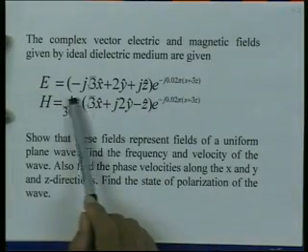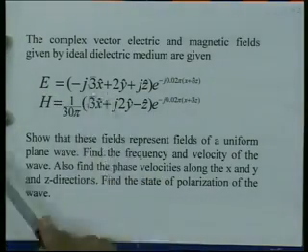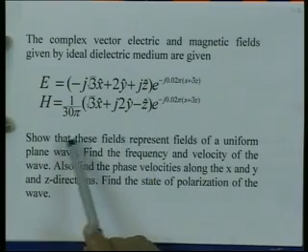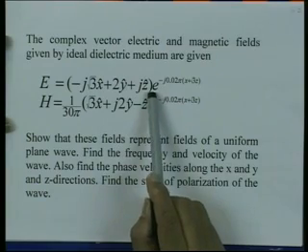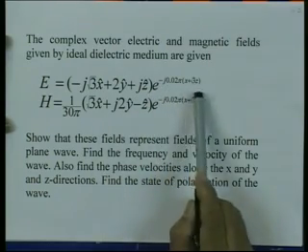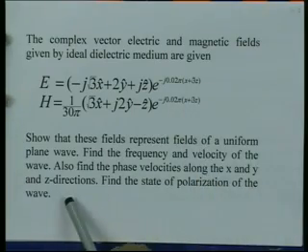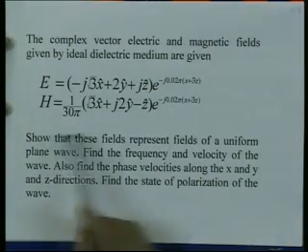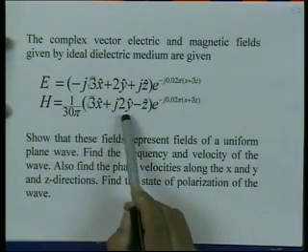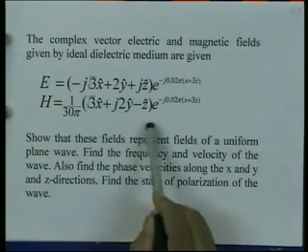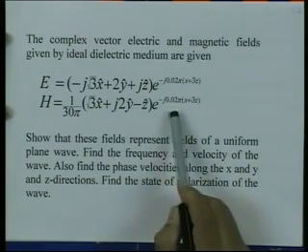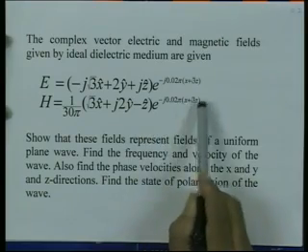E is equal to minus j root 3 unit vector x plus 2 unit vector y plus j unit vector z, with a phase function e to the power minus j 0.02 pi (x plus root 3 z), and the magnetic field is given as 1 upon 30 pi (root 3 x plus j 2 y minus z) cap, with the same phase function, e to the power minus j 0.02 pi (x plus root 3 z).